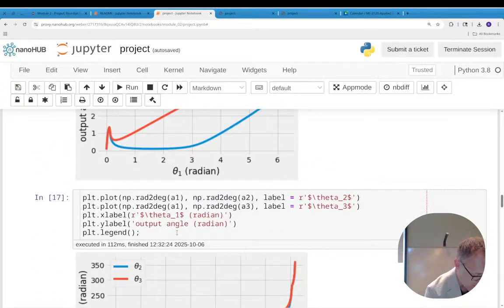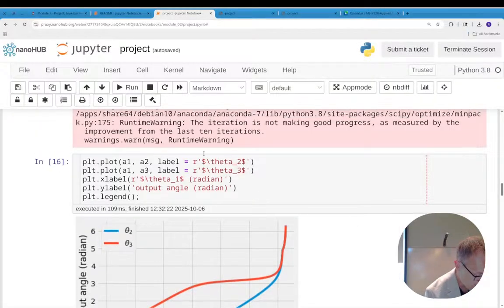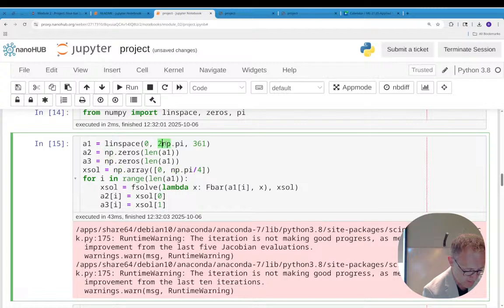So I can try changing... yeah, two things that we want to change. One is the range of motion. We don't want our knee doing a full 360-degree rotation, so we want to limit how far we're going. So let's start with that. We have A1 defined. Let's just go from pi over 4 to pi over 2, something like that.